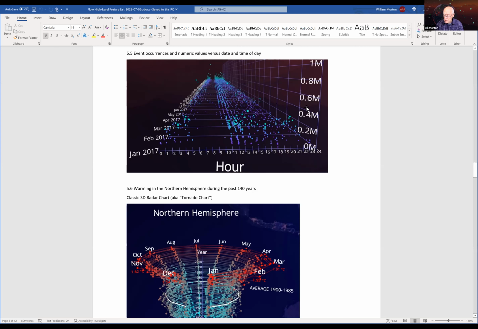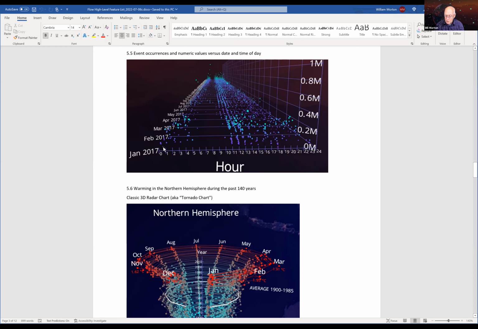In this case, it's likes for his tweets versus time of day, or versus date, which is shown on the z-axis going into the screen, the depth axis, versus time of day. So an interesting thing about this particular flow is it uses time for two of the three dimensions that you can see.